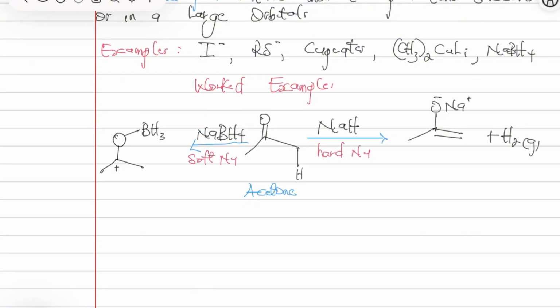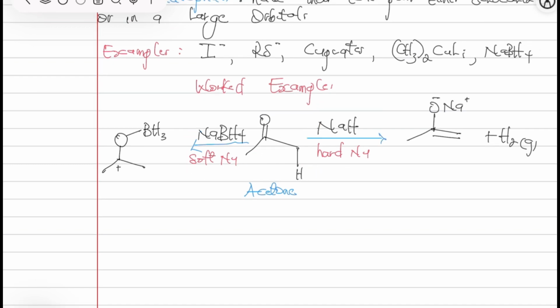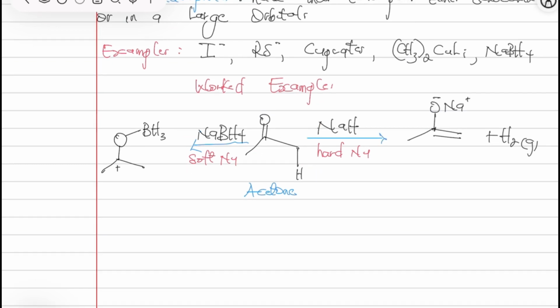In this example, we have acetone reacting with both a hard nucleophile and a soft nucleophile. The hard nucleophile replaces hydrogen in the reaction, whereas the soft nucleophile does not replace hydrogen. Rather, it reacts with the pi bond in the molecule.